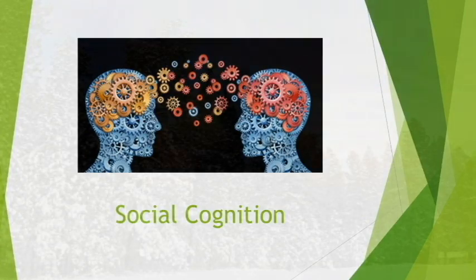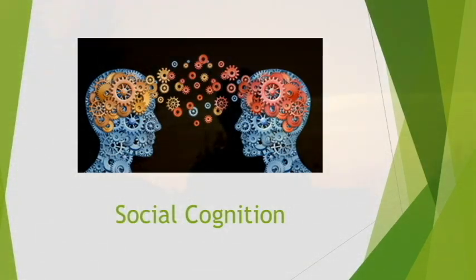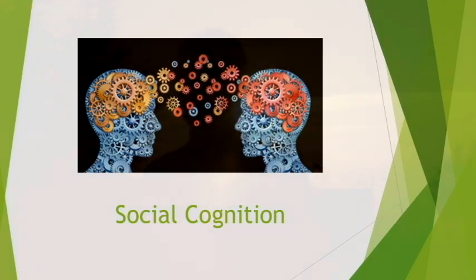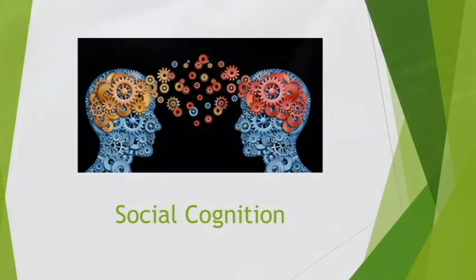One major concept of social cognition is attribution theory, which we'll explore more as the course goes on. This theory examines how we explain the causes of behaviors, both our own and others'. When something happens, we tend to make attributions to either internal factors such as someone's personality or disposition, or external factors such as the situations they're in.